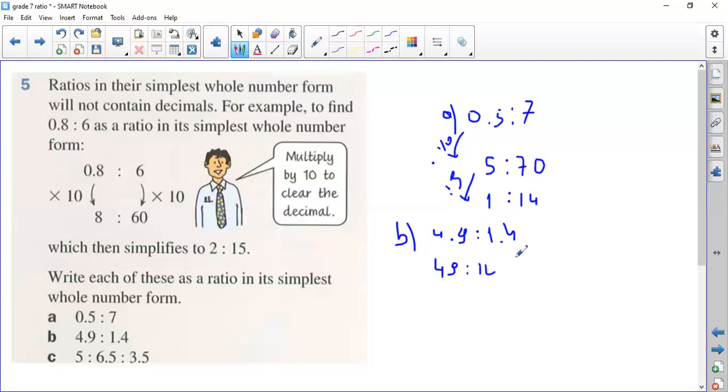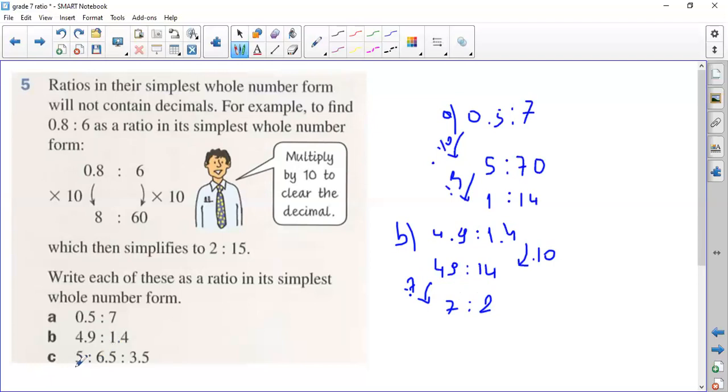Here we multiplied by 10. Is this one in the simplest form? So 49 and 14? No. We know that the highest common factor of 49 and 14 will be 7, the number 7. So we'll divide by 7 and the ratio will be 7 to 2. Okay, 7 to 2. So this is the ratio for the second one.